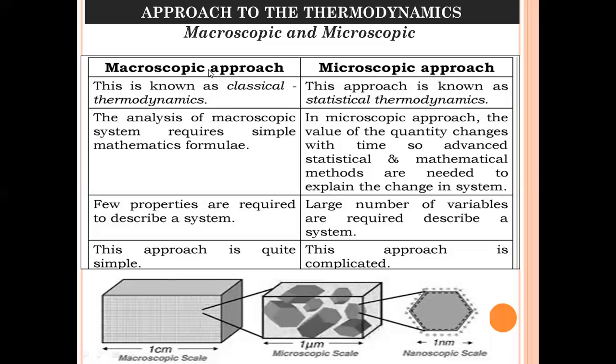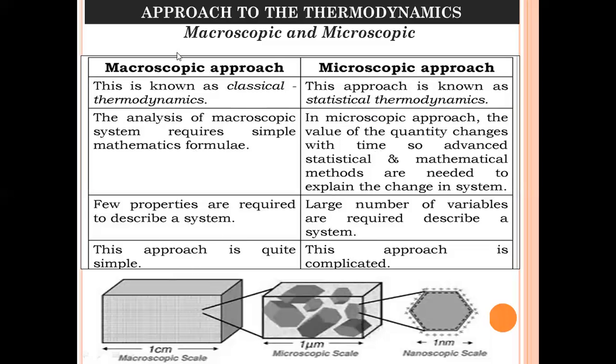For analysis of the macroscopic approach, simple mathematical formulae are required, whereas to analyze the system under the microscopic approach, advanced statistical and mathematical methods are required to describe the system.